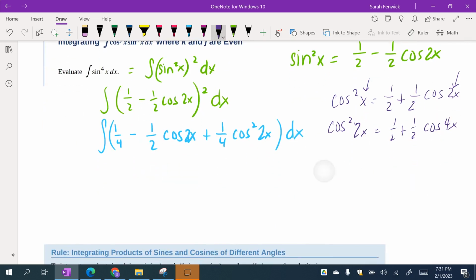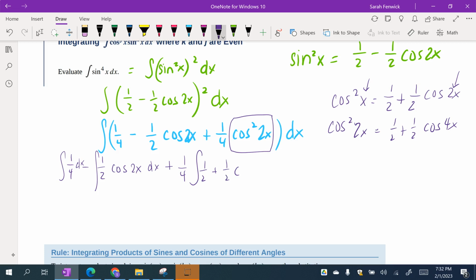And that's what's going to go here. Integral 1/4 minus 1/2 cosine 2x dx plus 1/4 integral 1/2 plus 1/2 cosine of 4x dx.